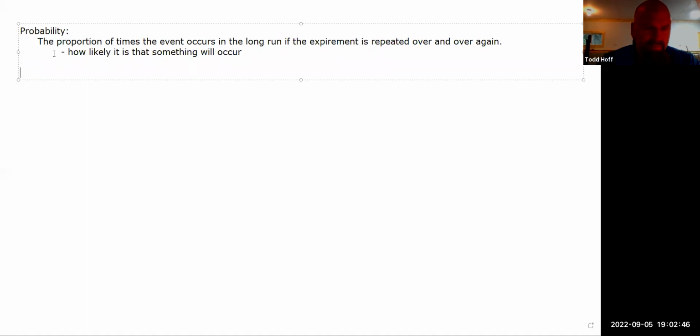But let's define some of that vocabulary. The experiment is sometimes called a random experiment. This textbook calls it a probability experiment. All a probability experiment is simply an action where we do not know which of two or more outcomes will occur.